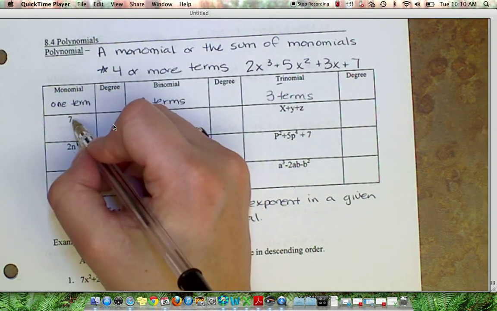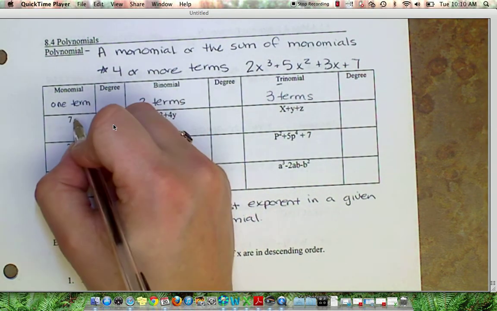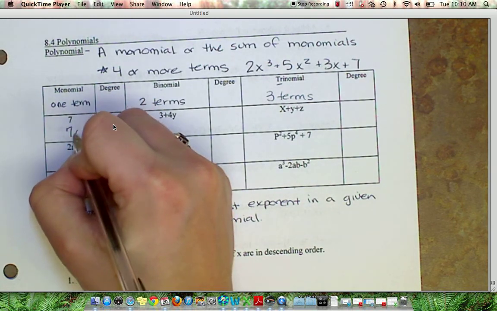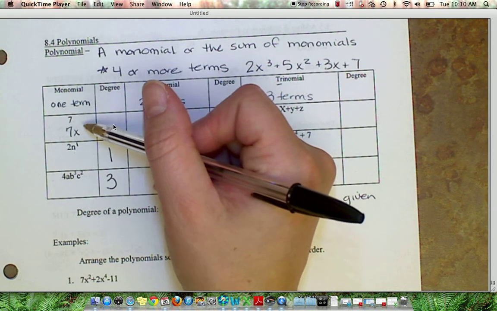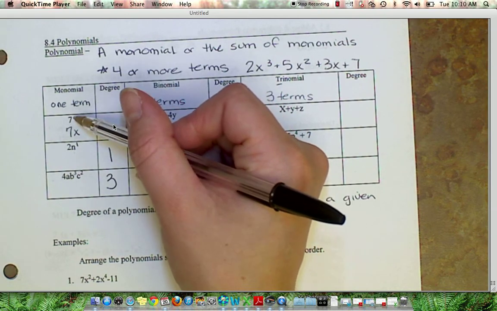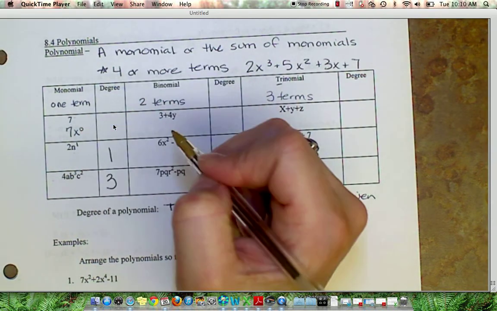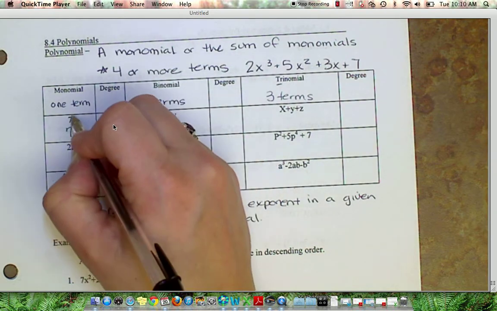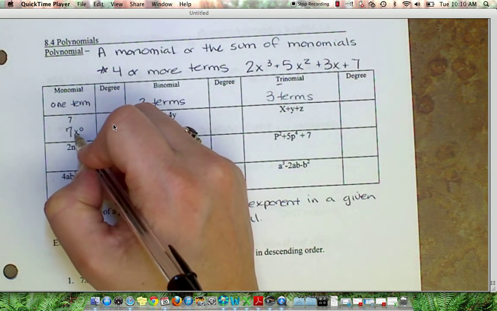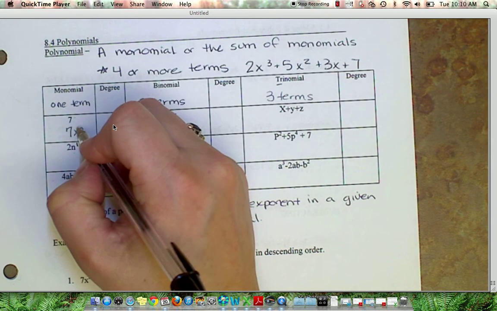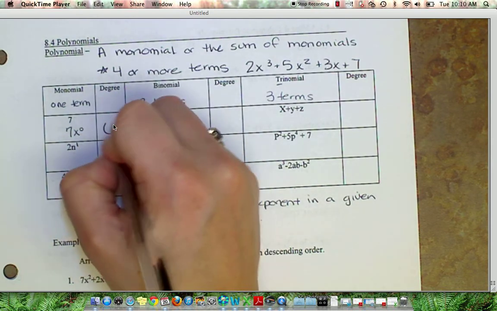This one has no variables on it. So imagine if I put a variable on it, what would the exponent on that variable have to be for it to not have one? It would have to be 0. So basically, if you have a term that's just a number and it has no x's, then that degree would be 0.